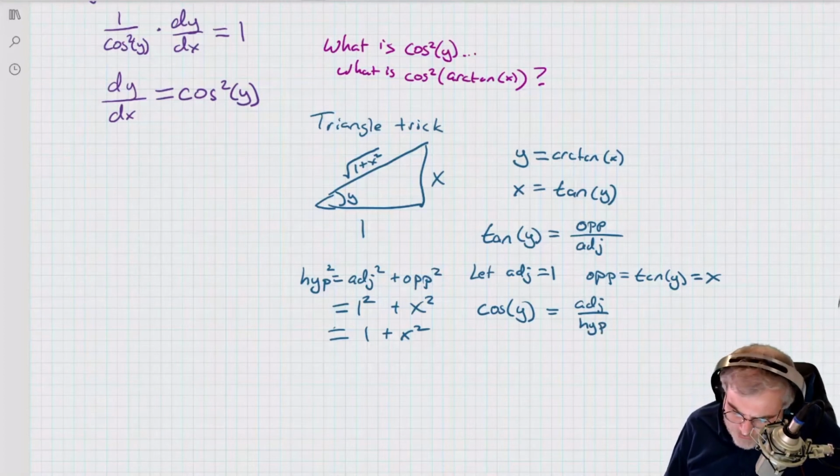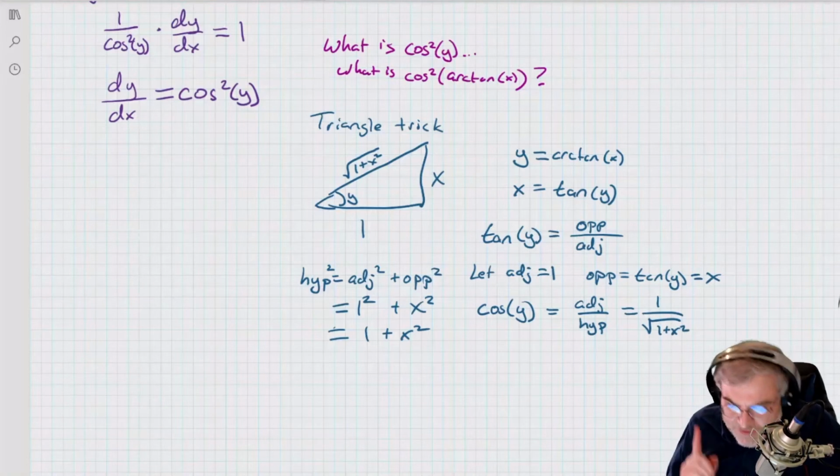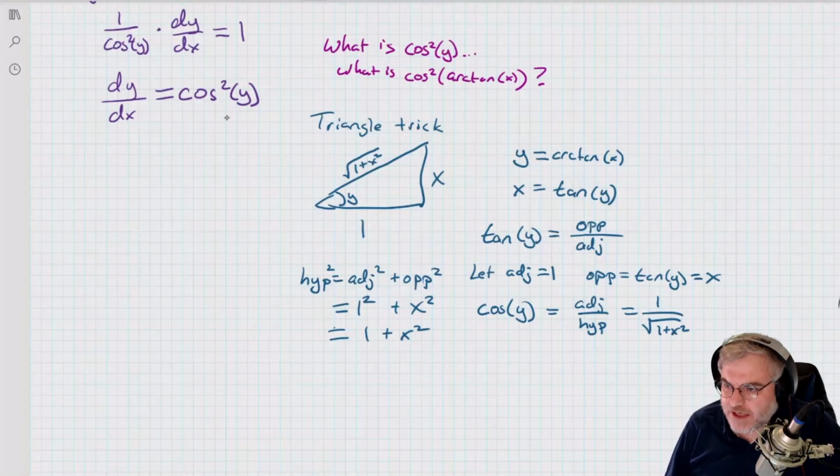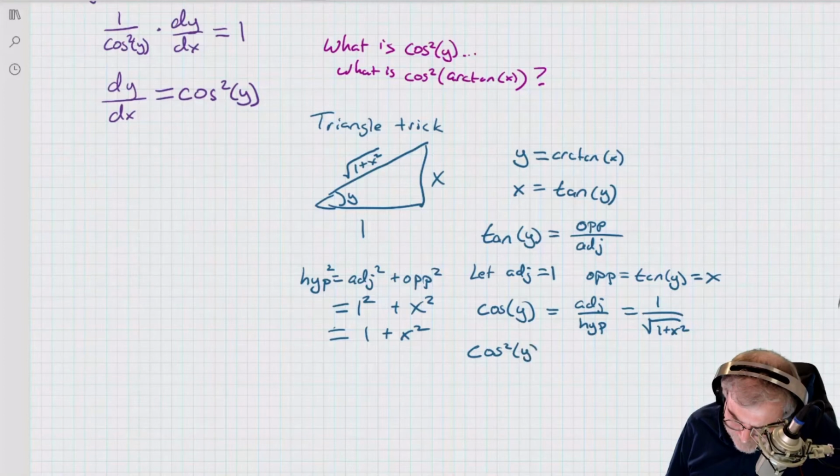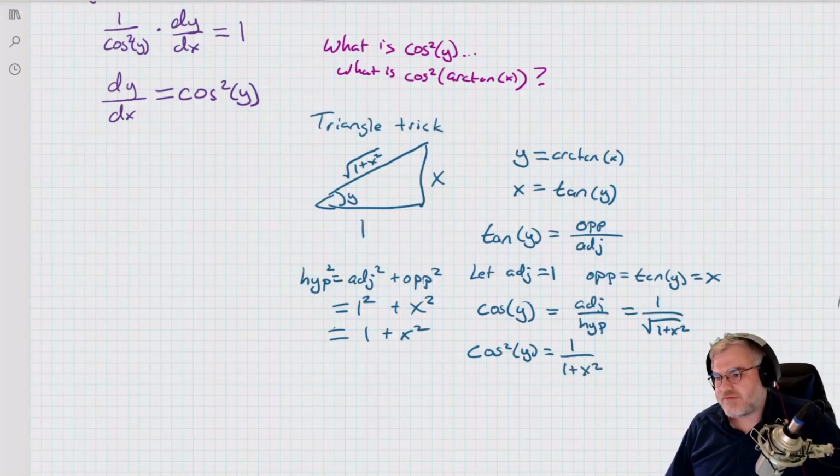The adjacent was 1, and the hypotenuse here is the square root of 1 plus x squared. So if I square it, because what I have is the cosine squared, I get 1 squared over this square root squared. That's a nice convenient number.